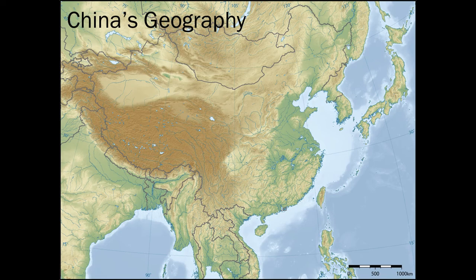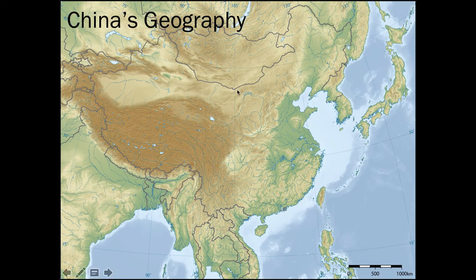But when it comes to China's geography, it's extremely diverse, just as the United States is diverse in its topography and climate. The same is true for China. In much of China, you would find a similar climate in all four seasons that you do here in the United States.